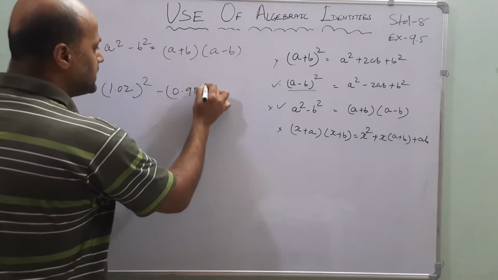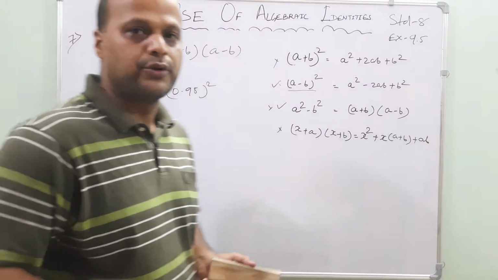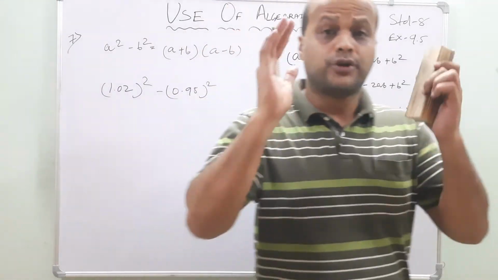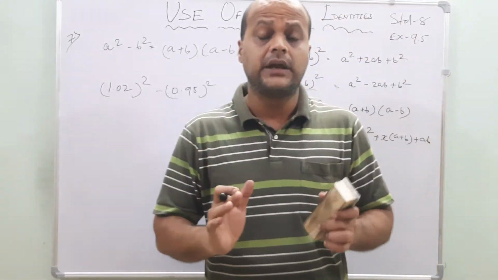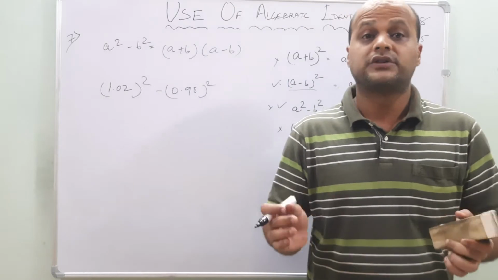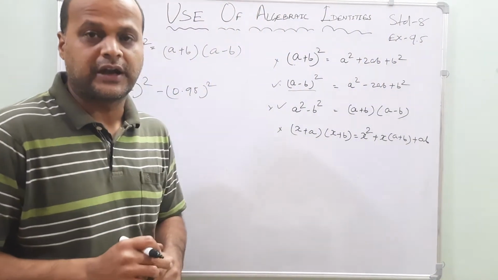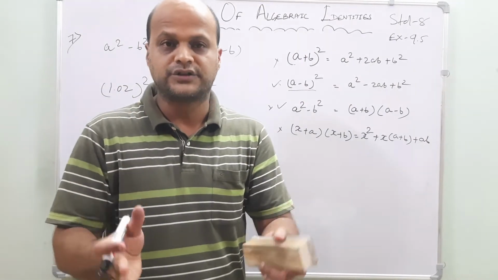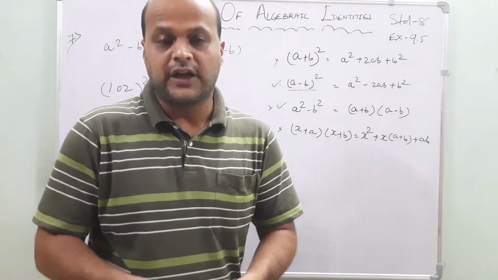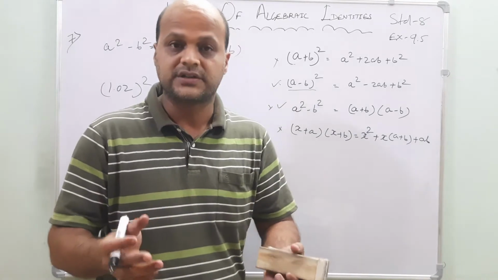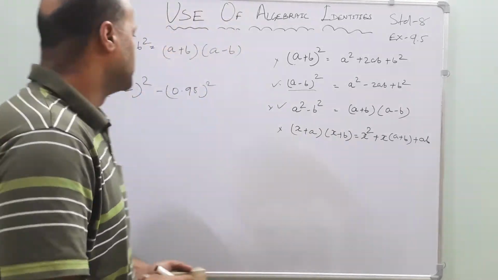In this case, remember, my dear friends, you have to be thorough. You have to clear your doubts about the subtraction and addition of decimal numbers. It is very, very important. If my friends have any doubts, then go to my channel. You can find decimal addition, subtraction, multiplication and division. Understood? Okay, let's go for it.